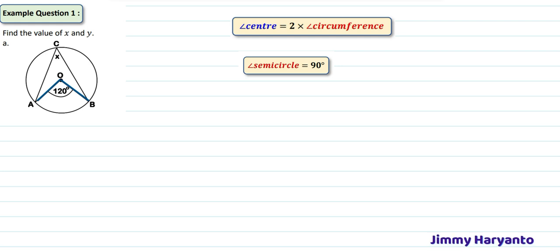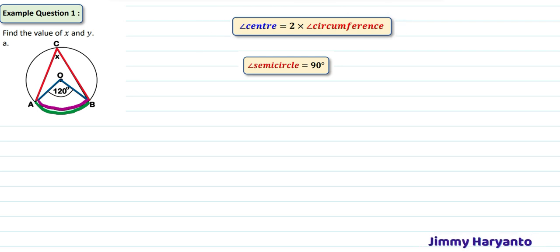Okay, and then you have to notice that the sector is facing AB as the arc. And then I will highlight the angle at the circumference using the red line, and the red line is facing the same arc. That means they are corresponding. If they are corresponding, that means this formula is applied.